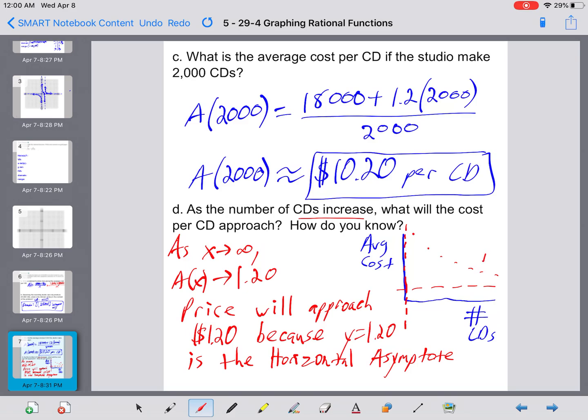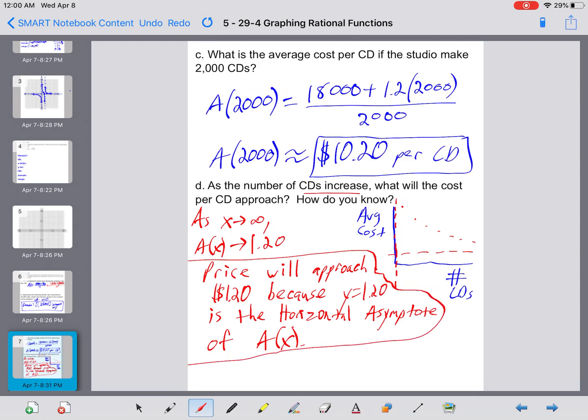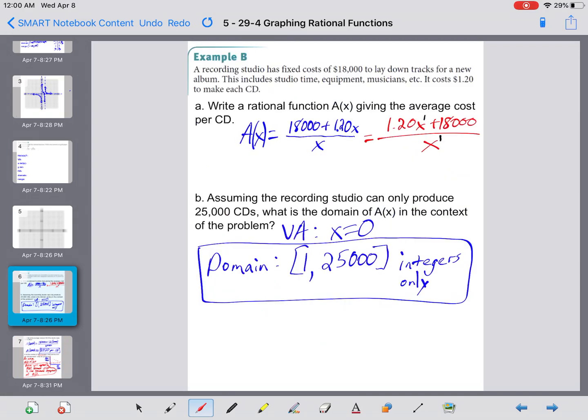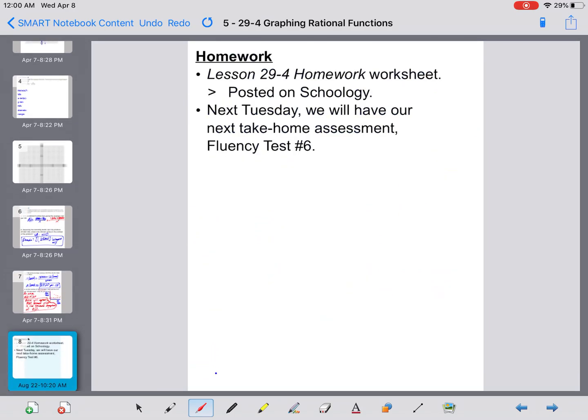And we could even say horizontal asymptote of A of x. All right, so it's a good summary, cleaning this up. When I say how do you know, you've got to explain yourself a little bit there. And like I said, the application problems, we've done a lot of work with these, so it's basically answering questions, thinking about the graph without ever really graphing it.